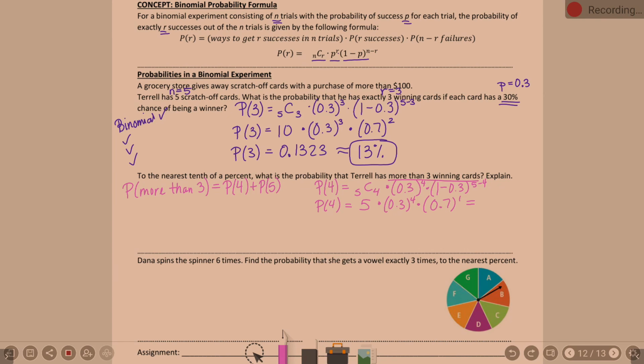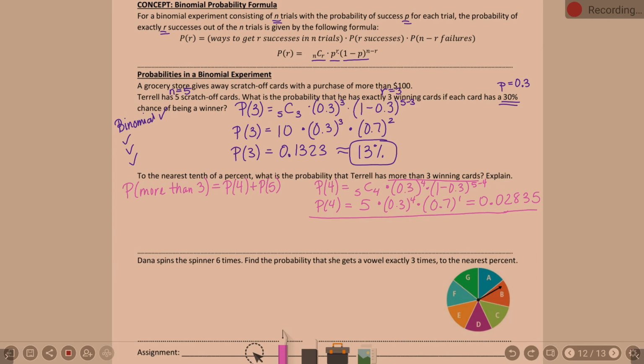Put it in on your calculator, yes? I have 0.02835.